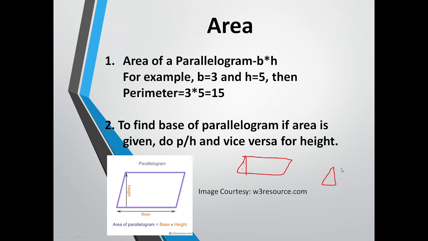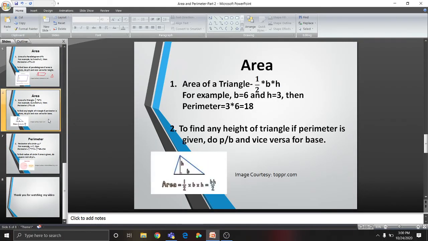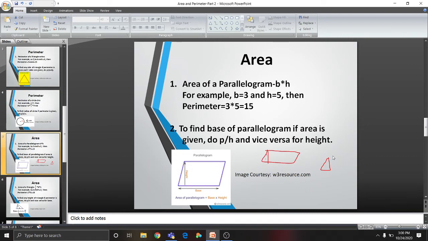I'll just escape the presentation. So I'll go here. For example, I'll take this part and move it over here.